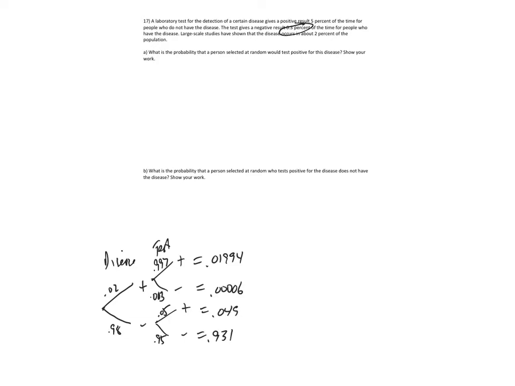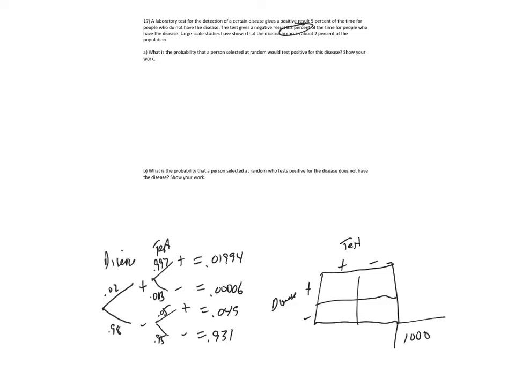And so another way of looking at this, I'm just going to use the thousandths place: let's just say we've got people who have the disease over here and people who test positive or negative here out of, let's say, 1,000 people overall.